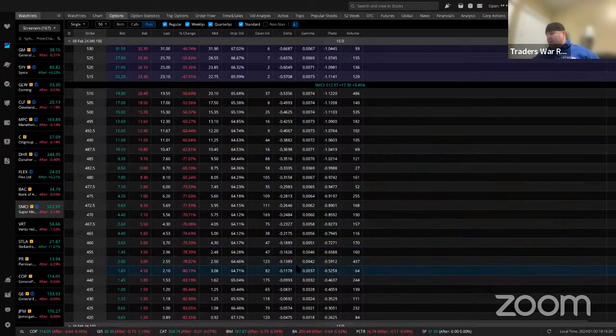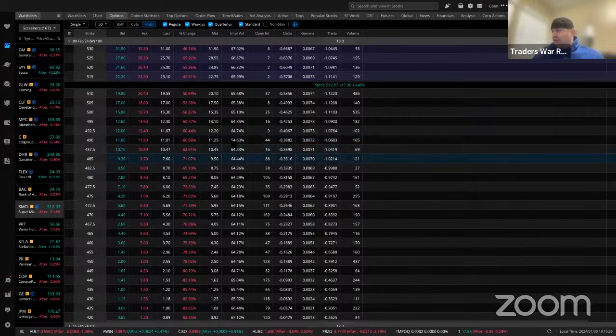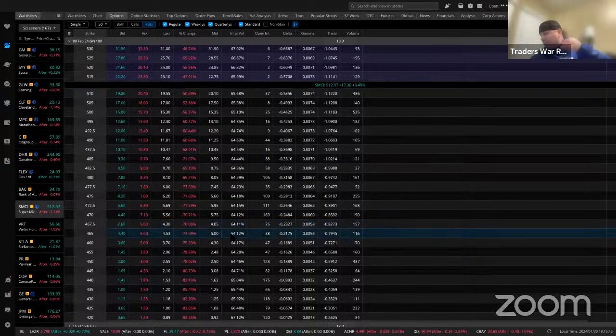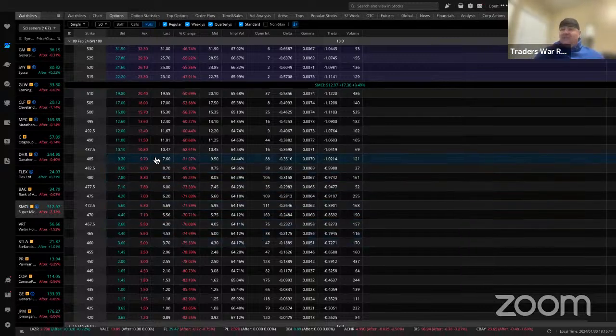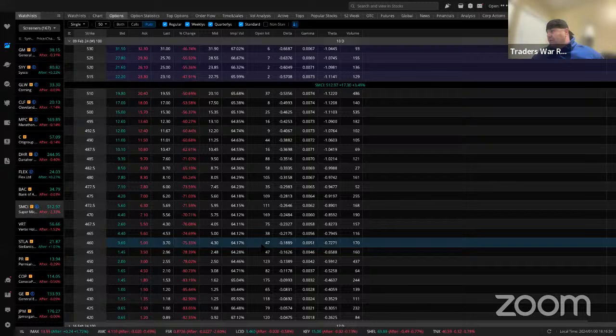I don't suggest going way out of the money on some of these, you can, because the implied volatility is juiced up. As you can see, the implied volatility is above 50 on these, so you can definitely make your money with the push. But I just get leery of all these way out of the money trades that people are just going to get smoked on, especially if it doesn't move in the direction.